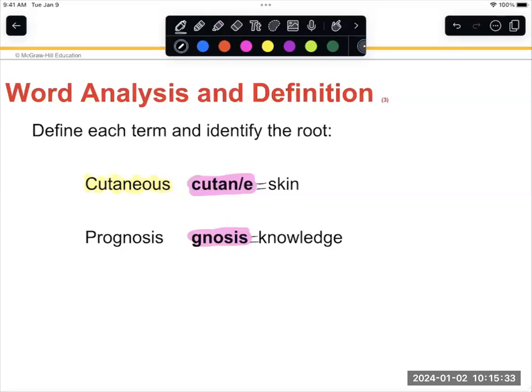So prognosis, that we have listed right here. Prognosis is having knowledge about a course of a condition or treatment.